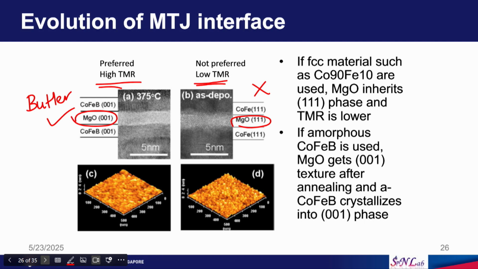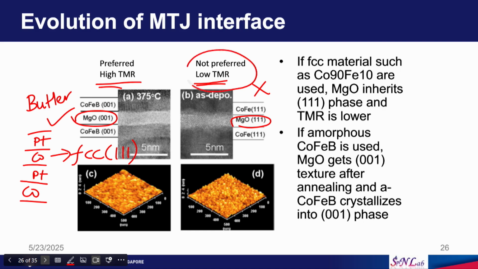So, this is the reason I told you earlier that if you have cobalt platinum multilayers, let us say you grow cobalt platinum multilayers. Typically this cobalt platinum multilayer grows in FCC 111 structure. This FCC 111 is not preferred, because it will give rise to low TMR.